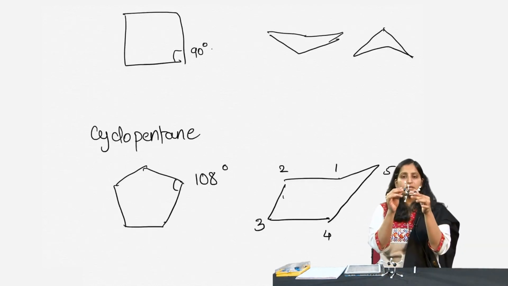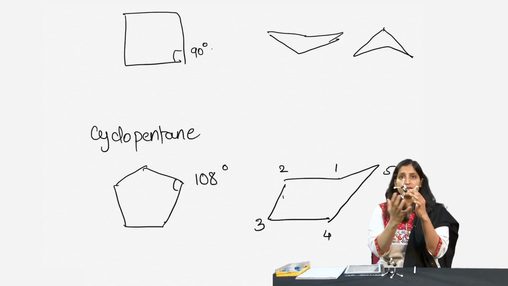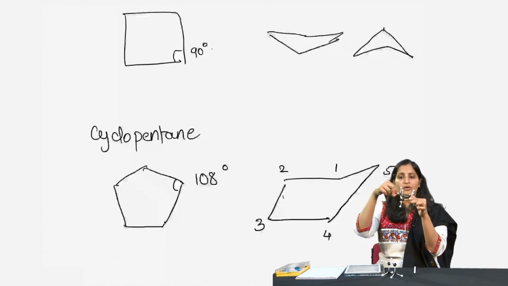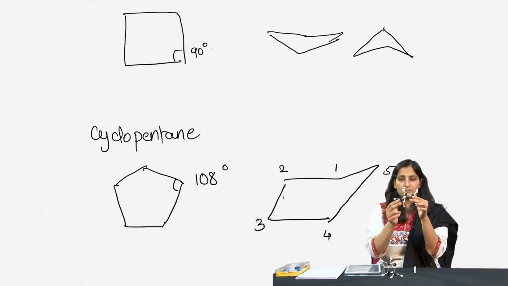So, in order to relieve that around 10 kilocalories per mole of strain, this carbon is going to keep on going back and forth, such that it no longer remains in the same plane as that of the 4 other carbon atoms.